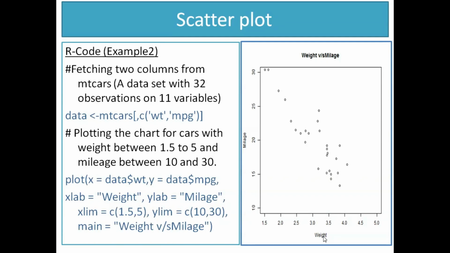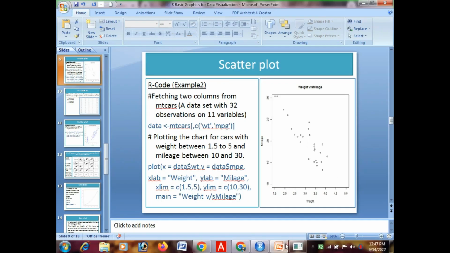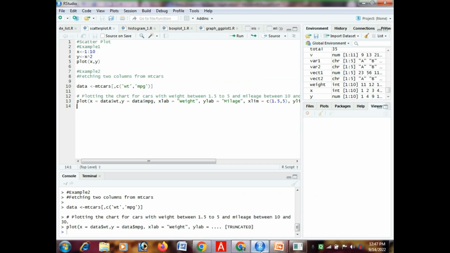The two features which we'll take are the weight, and another will be the mileage, mpg, that means miles per gallon. So among these two features, we will draw the scatter plot. Now, I will directly jump into the demonstration part in RStudio, where I will show how to use the basic plot graph, then the scatter plot.